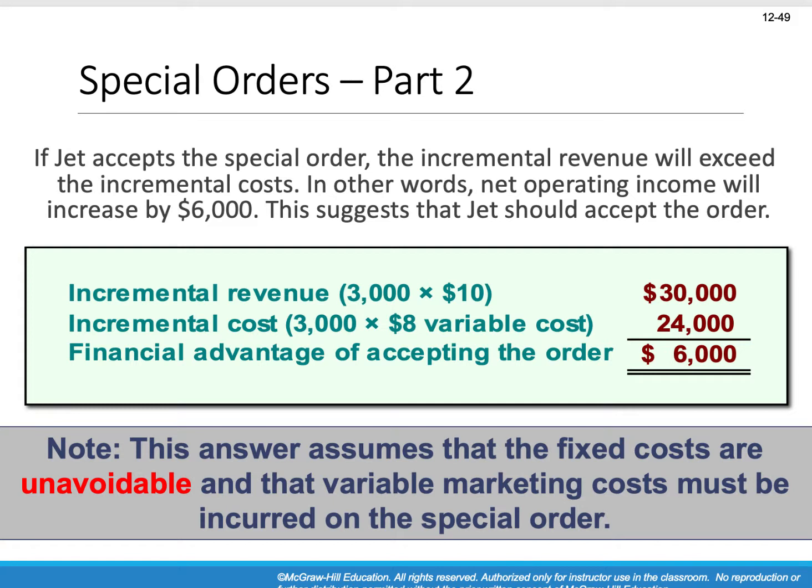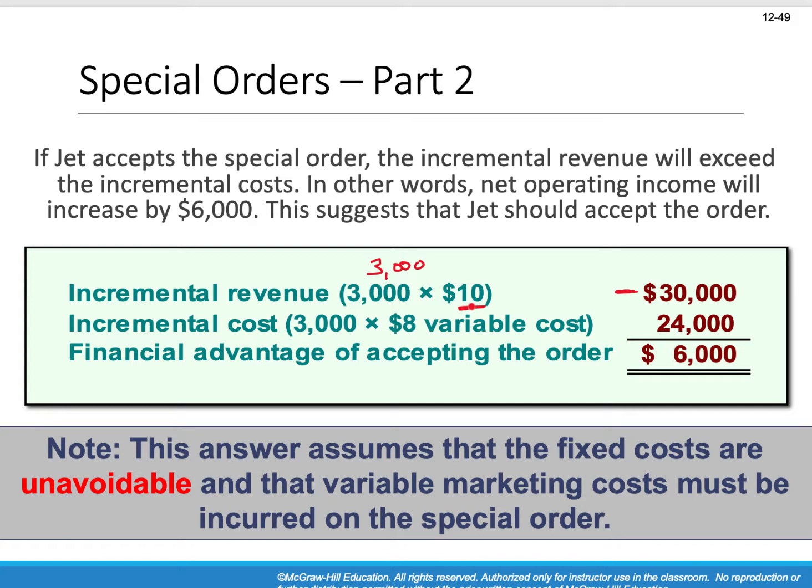So how do we calculate incremental revenue? Well, this is a special order of 3,000. They want a special price of $10 per unit. Okay, so that means our revenue increases by $30,000. That's our incremental revenue. Okay, great. What are the incremental costs?